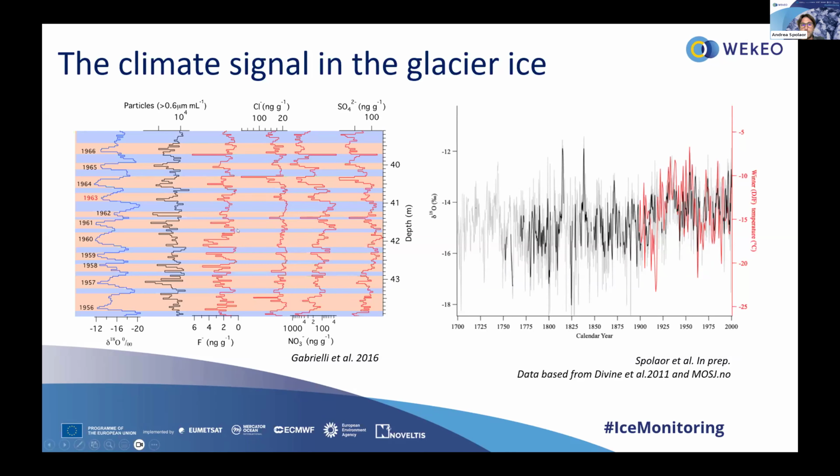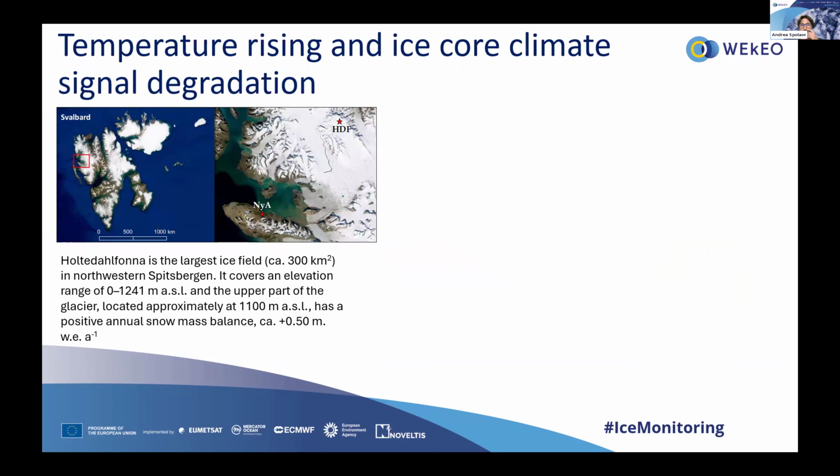The left panel is a snapshot, but on the right panel, in red we have the real instrumental temperature measurements, while in gray and black we have the temperature reconstructed from this parameter, and the two fit pretty well. So with the ice core we can extend the temperature reconstruction into the past, beyond the instrumental record.